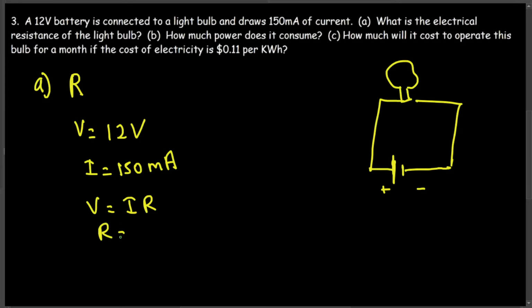R is equal to V divided by I, where V is 12 volts and I is 150 times 10 to the power of minus 3 ampere. If you divide and solve, you're going to get 80 ohm.